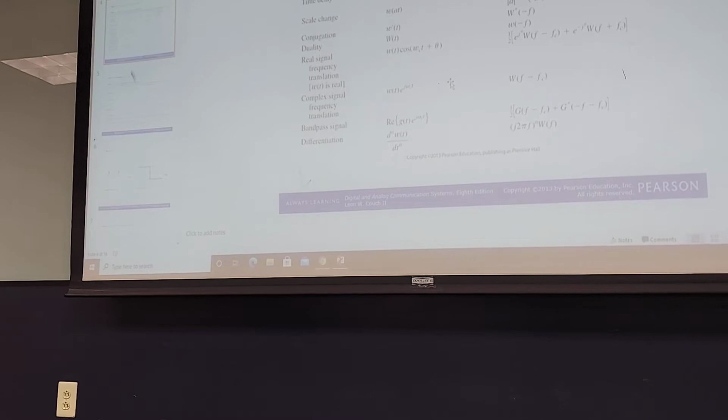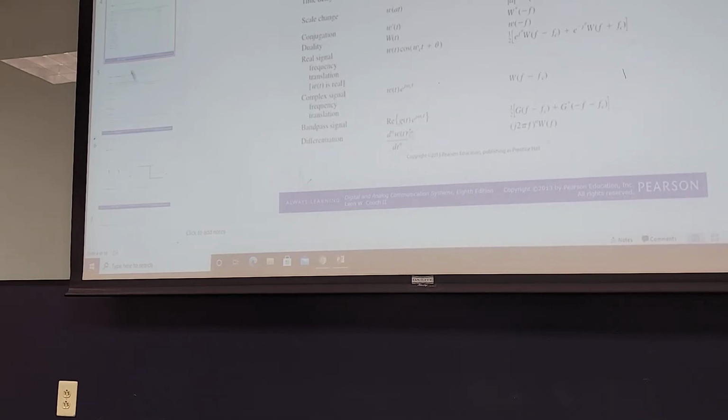Meaning, this is cosine ωc t plus j sine ωc t. That's that.